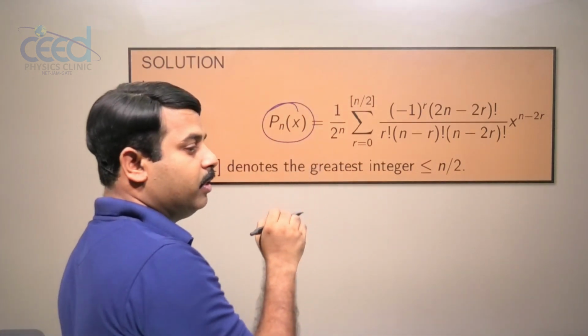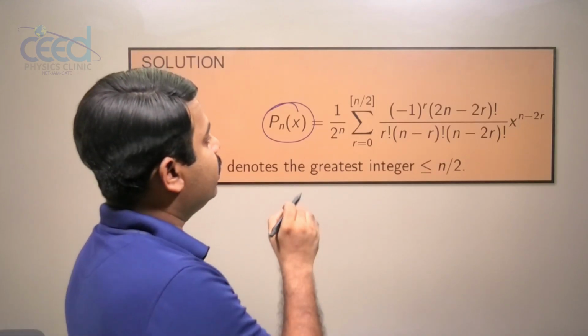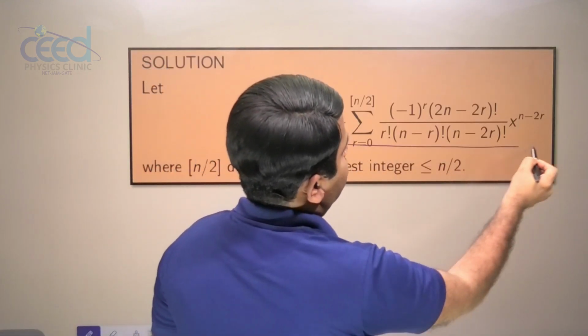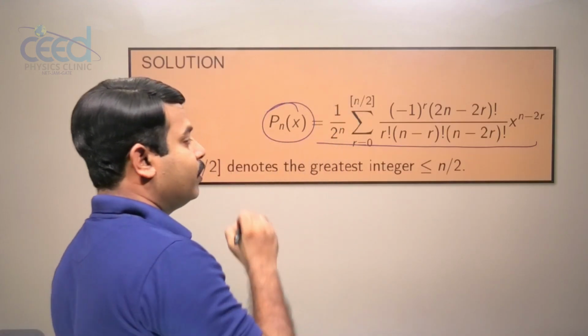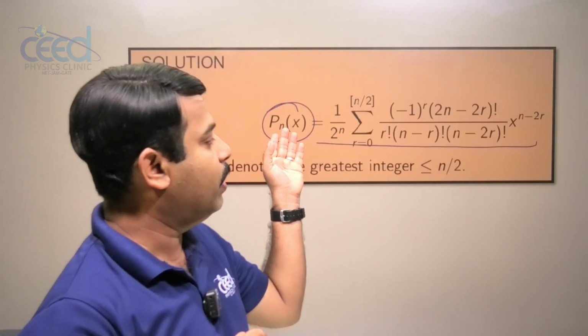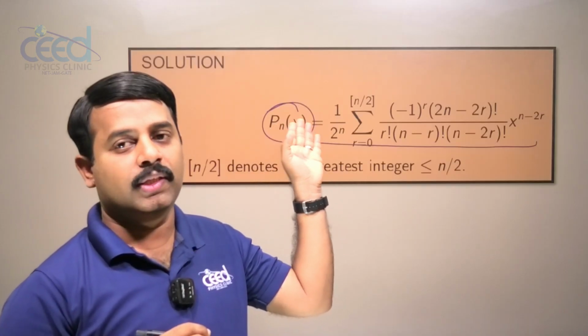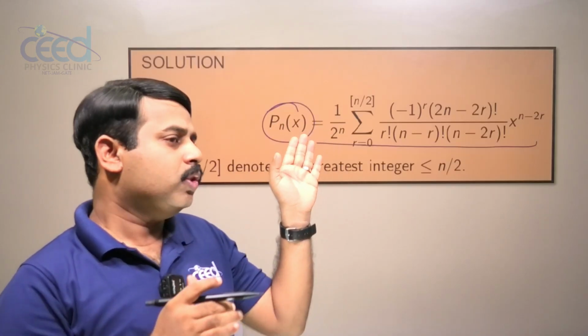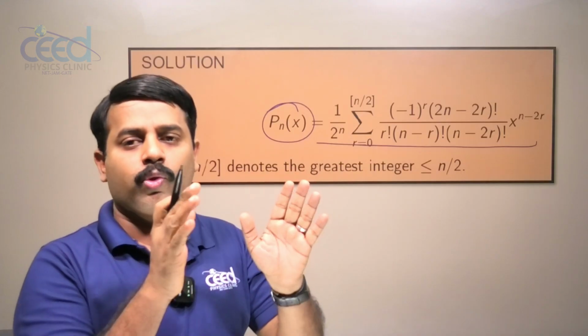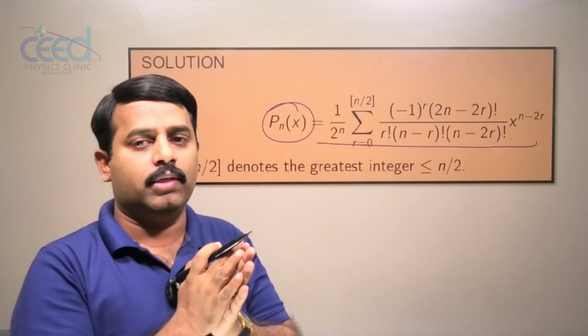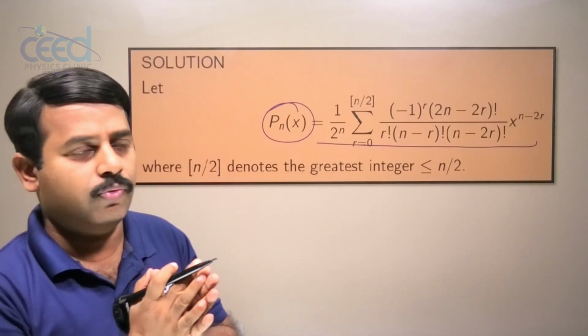So when we solve that differential equation, this is what we get. But from this we need the values of p0 of x, p1 of x, p2 of x, p3 of x, etc. At least p0, p1, p2 you should have by heart, from the examination point of view.